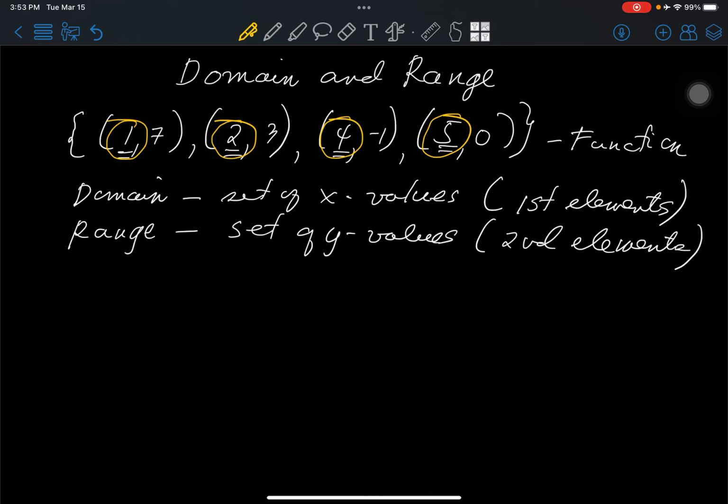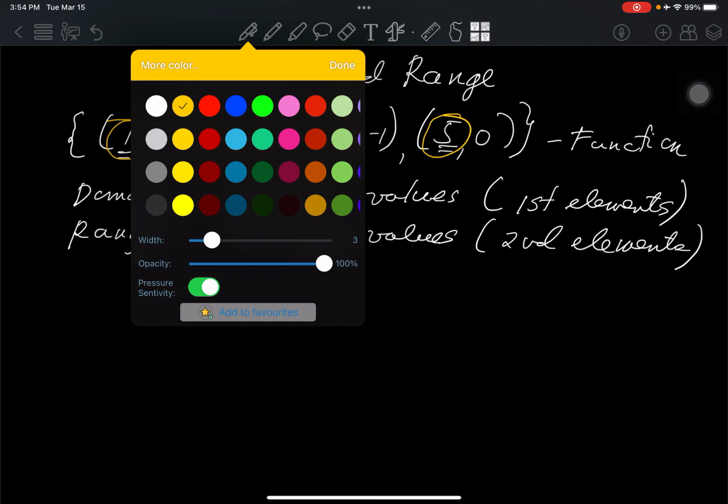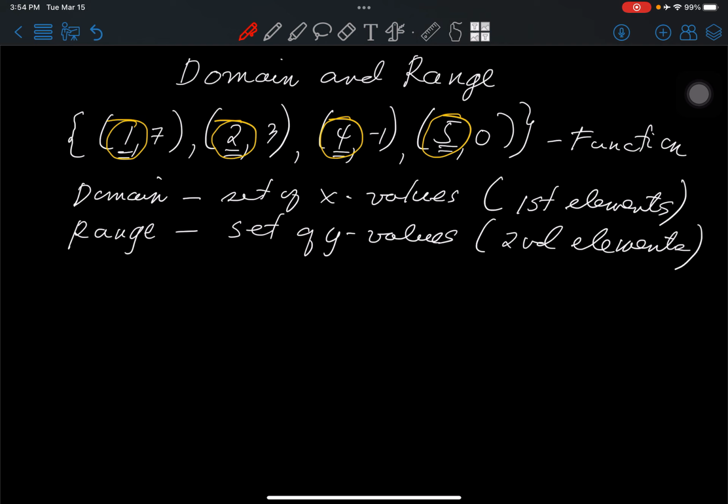So you should not be mistaken about the difference between your range and your domain. Your domain is simply the set of all x values, the set of all independent variables. Our range would be 7, 3, negative 1, and 0.